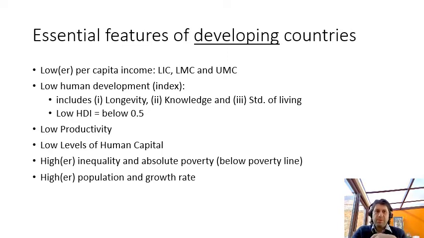Second, they have low human development in terms of lower life expectancy, as well as lower levels of literacy. Okay, and they tend to have lower productivity. So for each unit of labor or even each unit of capital, they're producing less. You have low levels of human capital, so low levels of education. You tend to have higher levels of inequality and higher levels of absolute poverty. Absolute poverty meaning the number of people living below the poverty line.